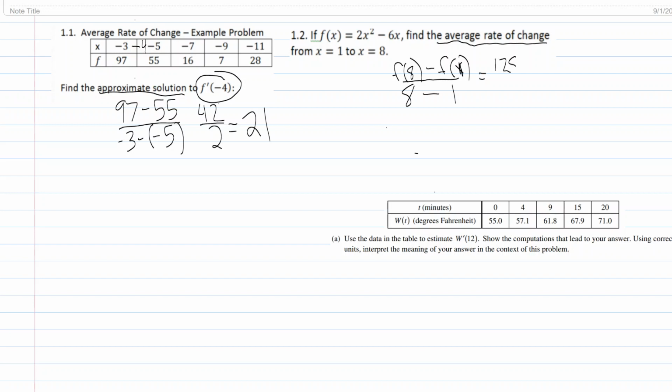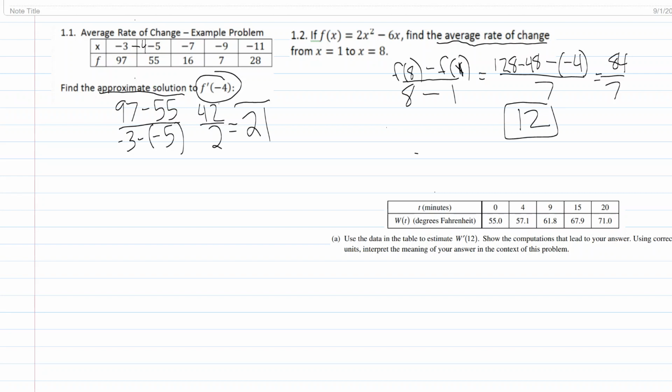So 128 minus 48. That's what 6 times 8 is. F of 1 is going to be, I'm going to plug 1 into this. 2 minus 6 is -4, so we're subtracting a -4. And we're all over 7, because that's what 8 minus 1 is. All right, so 128 minus 48 is just 80, plus 4 is 84. So this is 84 over 7. And 84 over 7 is just 12, and we've done it.